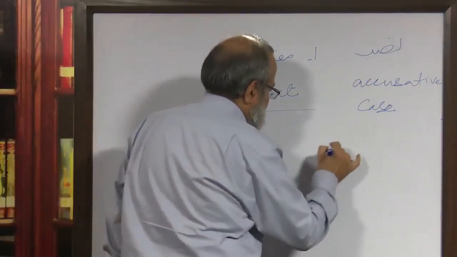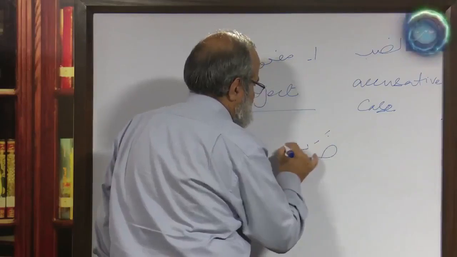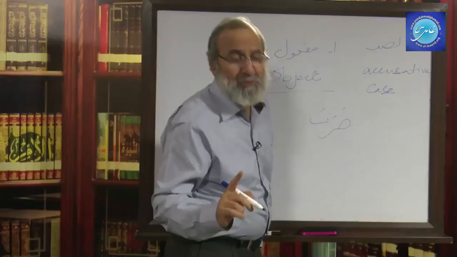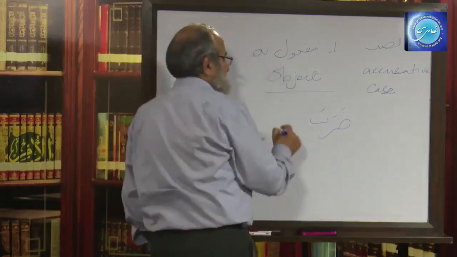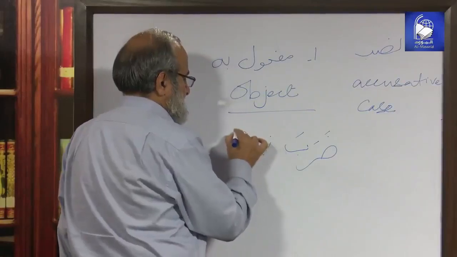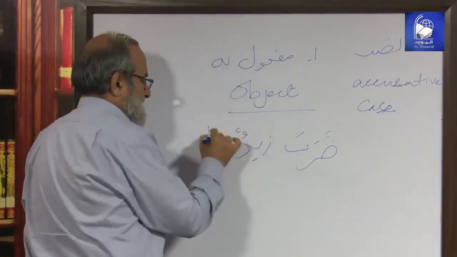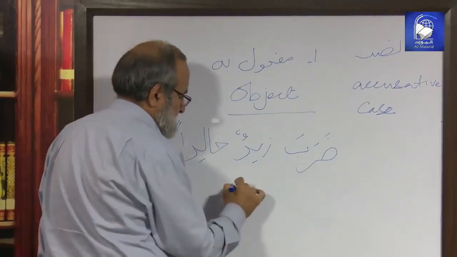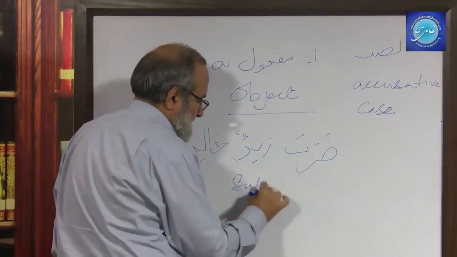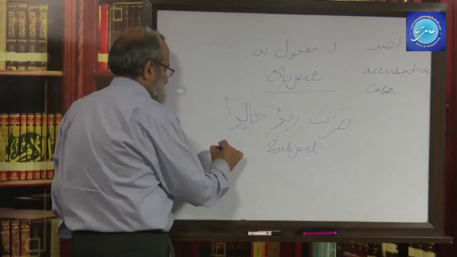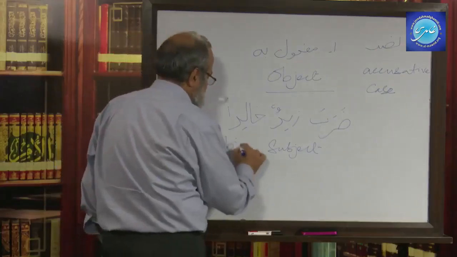Going by the example we've already done, Daraba is a verb, and mind you, we've not started talking about verbs, but Daraba is a verb which we need to employ here because we are to talk about a Nasab now, and Zaidun is the subject, and Khalidan is the object.